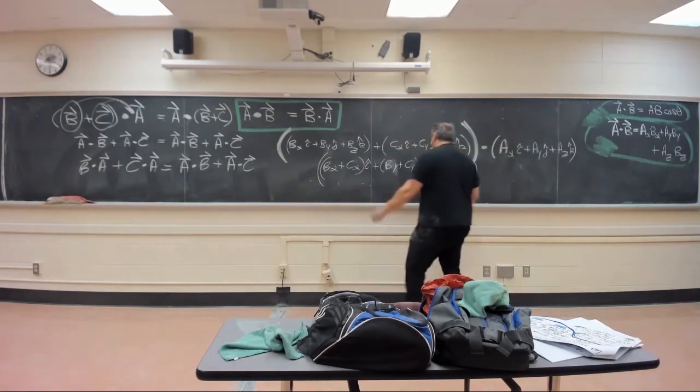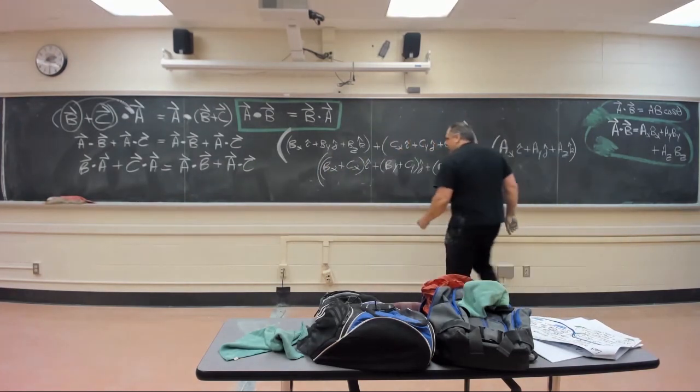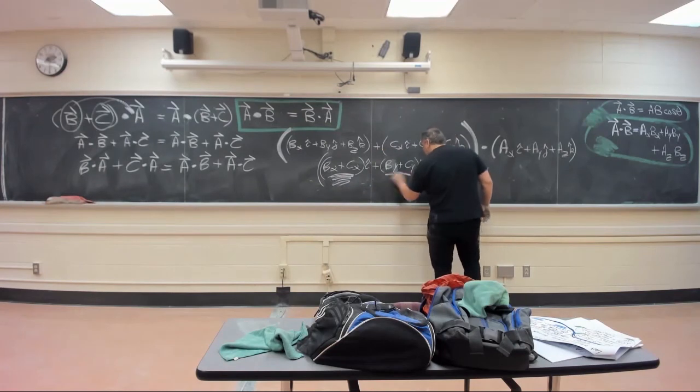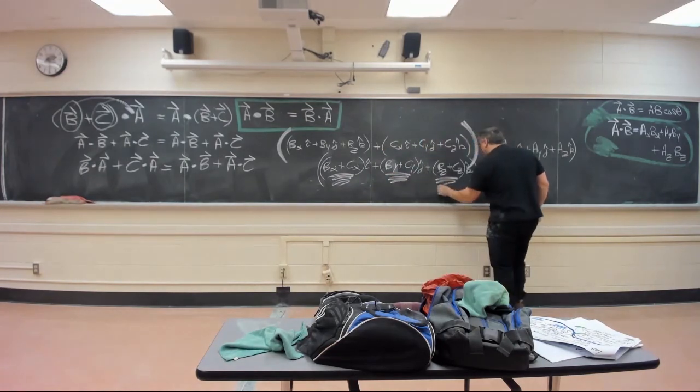Here's your one vector, guys. This is one component composed of the sum of components. This is another one component. This is another one component.